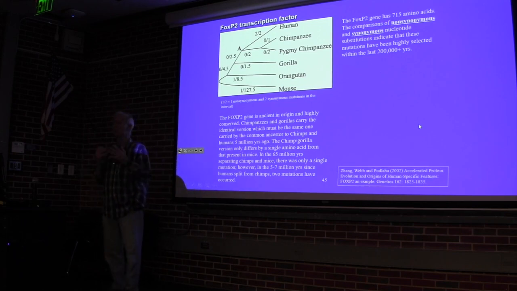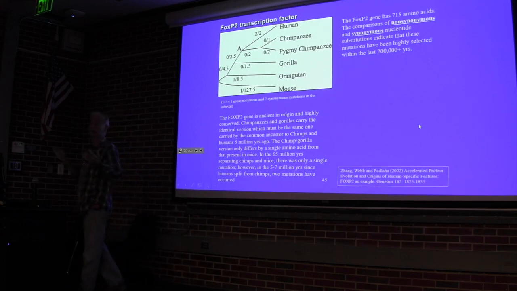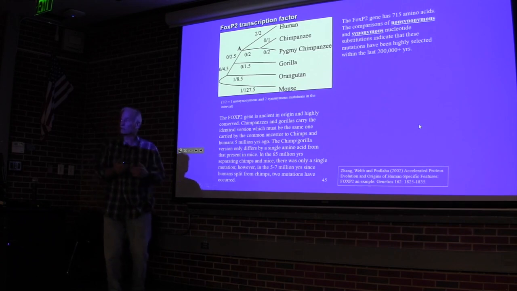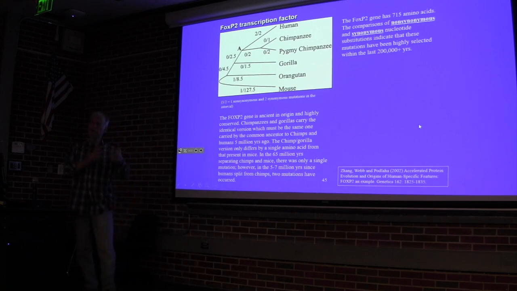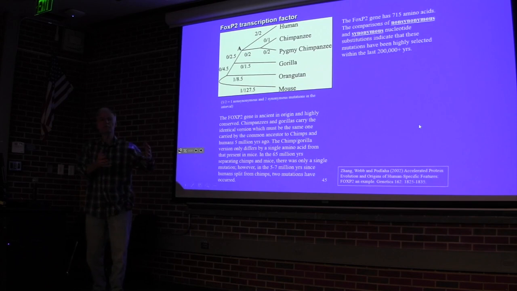Synonymous mutations happen all the time. They have essentially no effect because selection is not at the DNA level, but at the protein level. So synonymous mutations, very common. In fact, they appear to occur at a pretty constant rate depending on the species and the particular gene you're looking at.